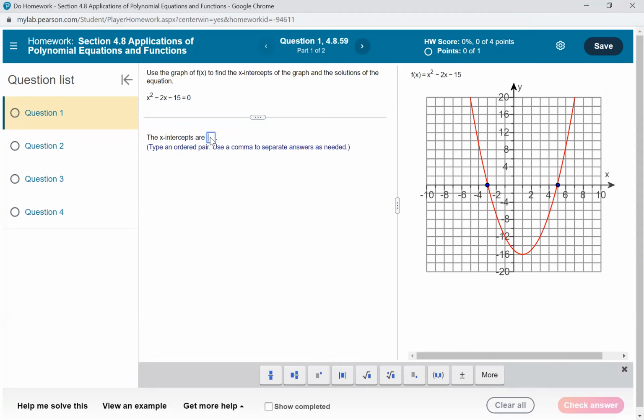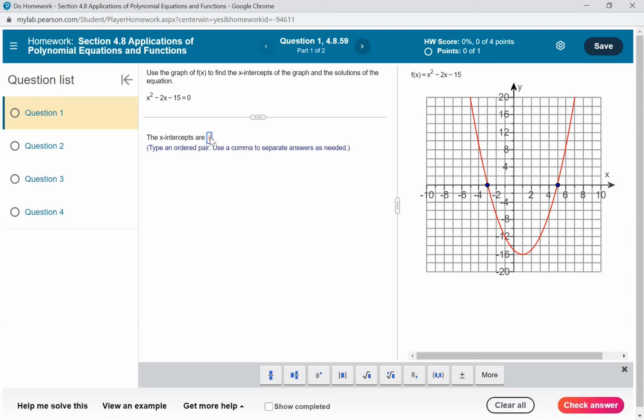So y'all notice the first thing they want to know are the x-intercepts. Well, they got the dots where it's crossing the x-axis at. Now remember, the x-intercepts have to have a 0 for the y value when you put them in, and these got to look like ordered pairs.